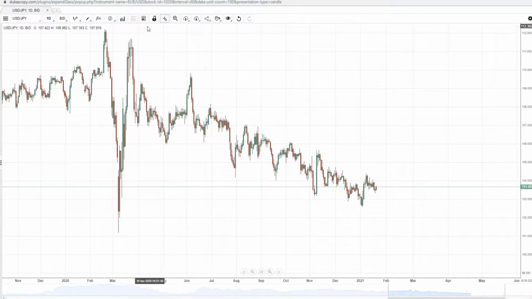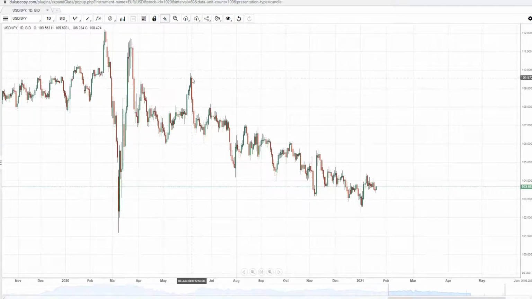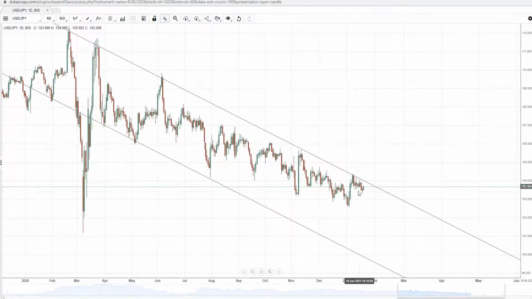A downtrend move for the USD JPY, moving bearish for a very long time, since March 2020. But the price right now is located closer to the upper boundary of a long-term downward channel.